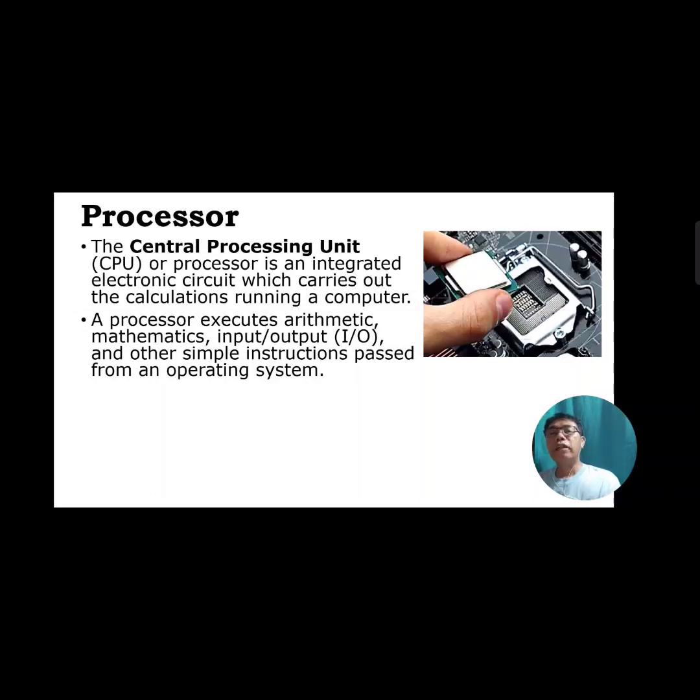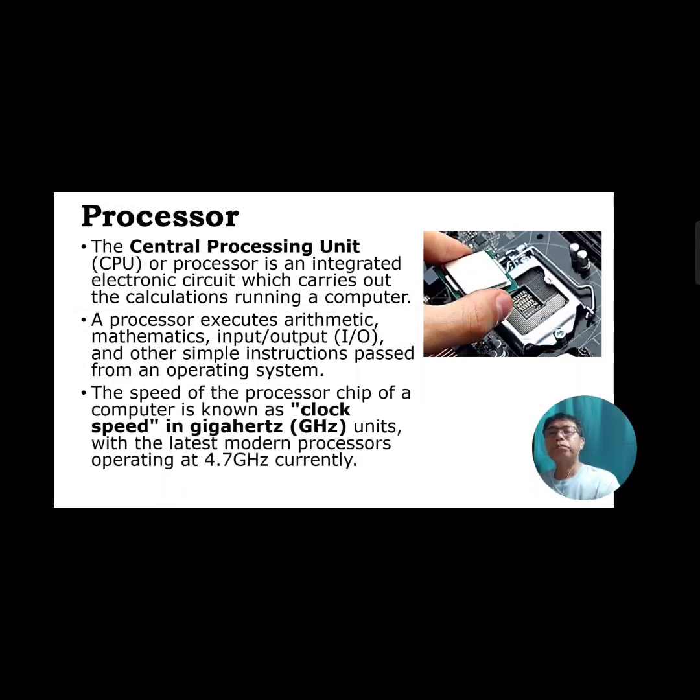Next, the other simple instruction passed from operating system. Then the speed of the processor chip of a computer is known as the clock speed in gigahertz.